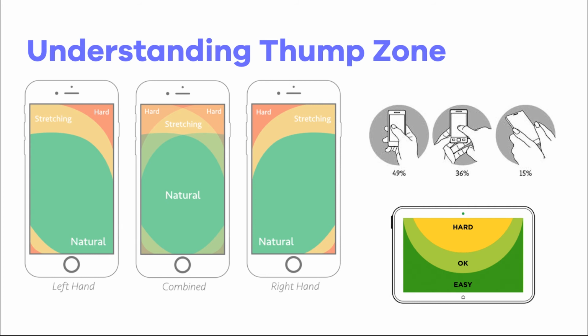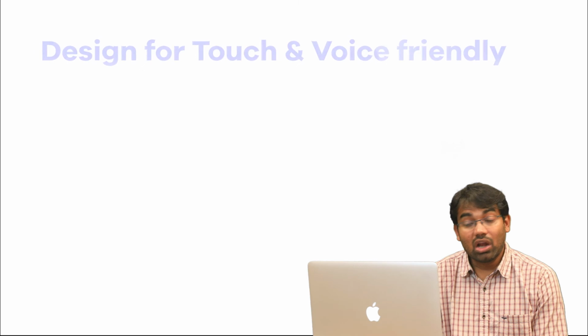But if it is orange and red, it's not easy to access. So very important action buttons we should not place in the hard or orange area. We should always go with the touch-friendly areas, which are easy to touch.